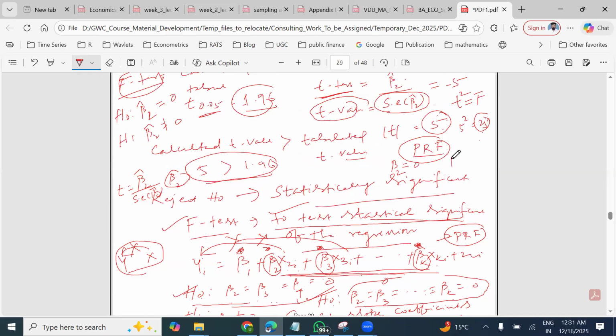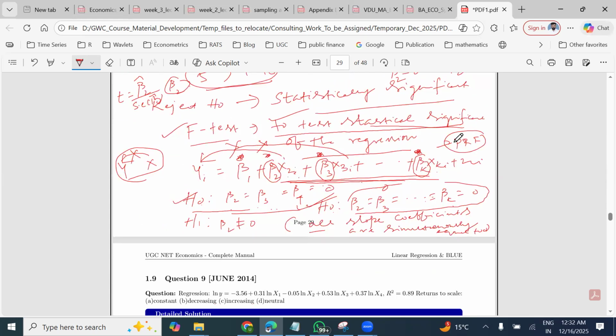But what you have observed from the sample is a sample relationship. Through beta 2 hat, you are trying to infer what beta 2 is. In hypothesis testing, why will you write beta 2?